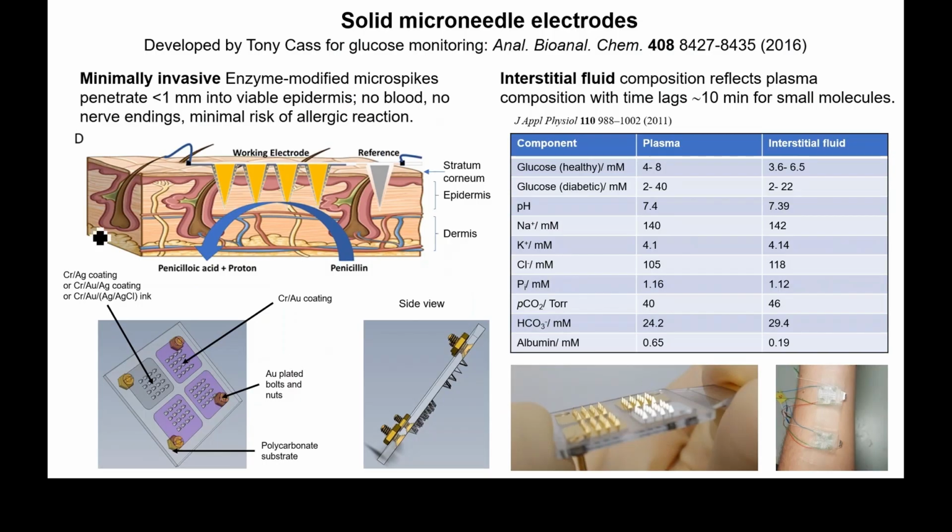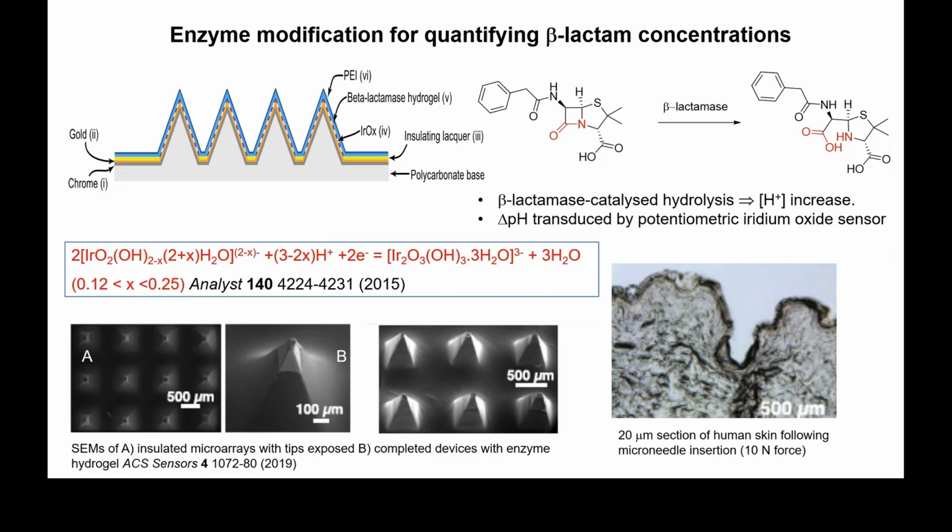So we use the solid microneedle electrodes developed by Tony Cass, originally for glucose monitoring, but this time we're putting a beta-lactamase gel on the top of this. So we start off with our base layer, which is injection molded polycarbonate. We coat this with conducting material, typically gold, upon which we then deposit iridium oxide by electrolysis.